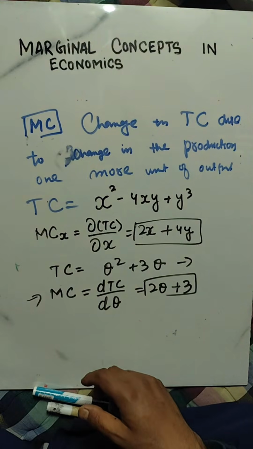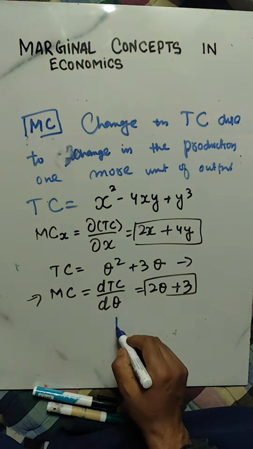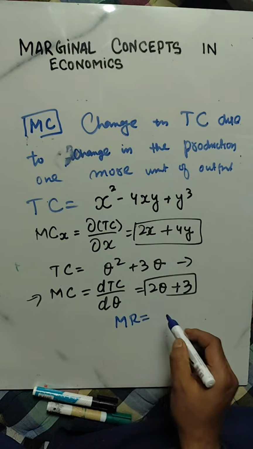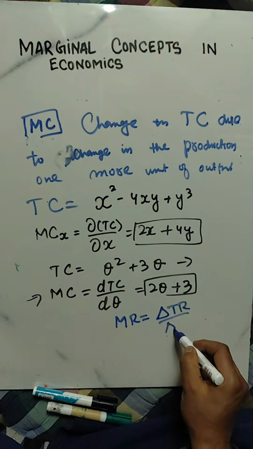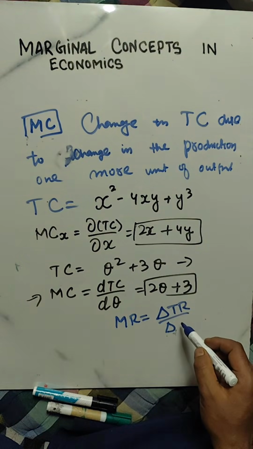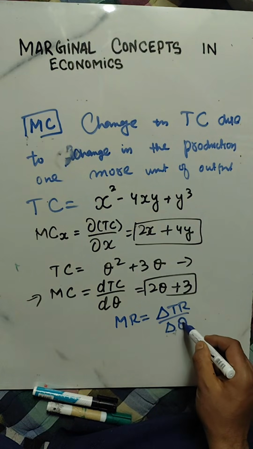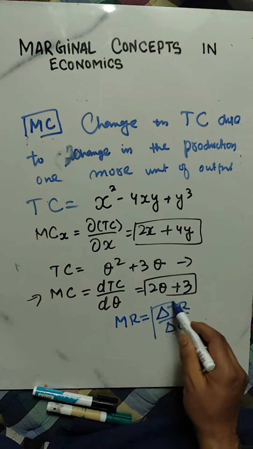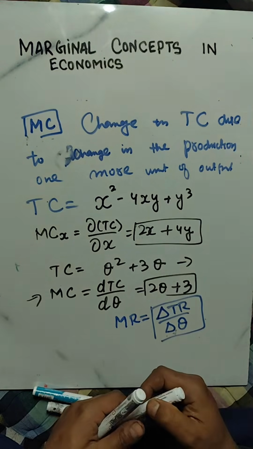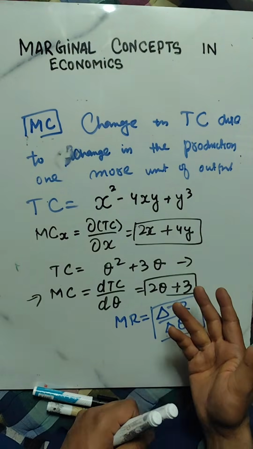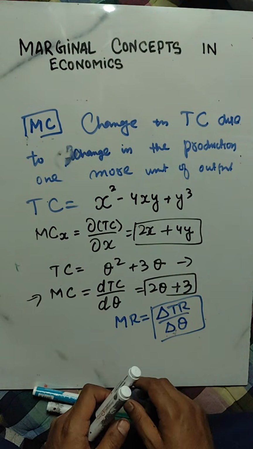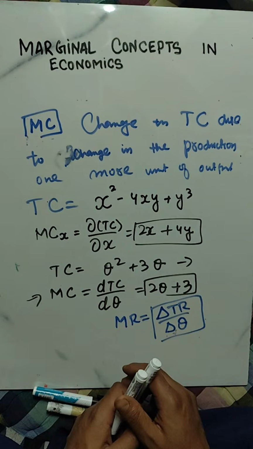Then we have other concepts, what we call the marginal revenue. That will be the change in the total revenue due to the change in output if we are producing one more unit of output. I hope we have only these concepts here in economics.